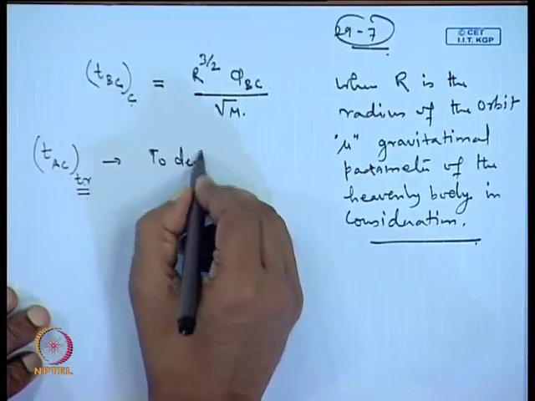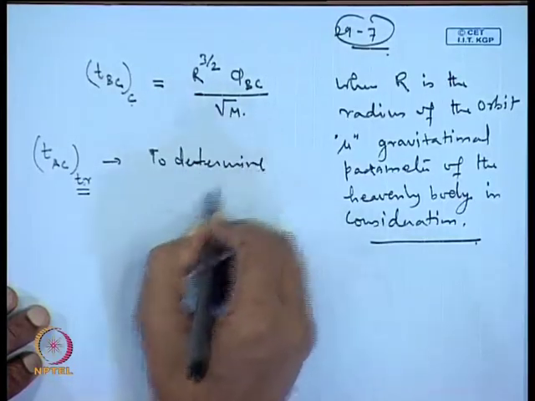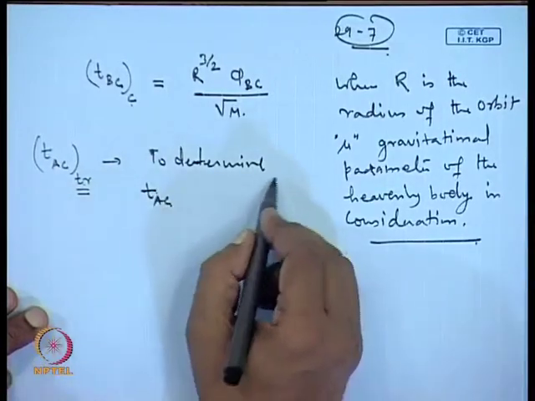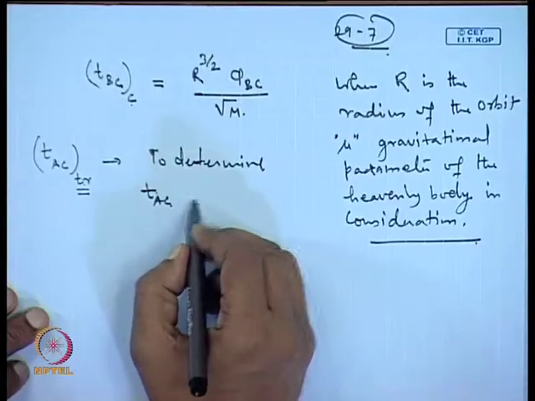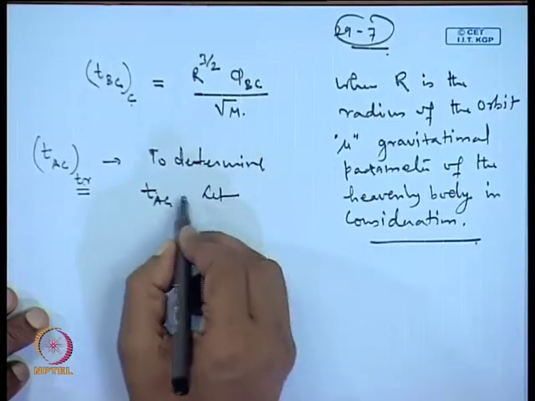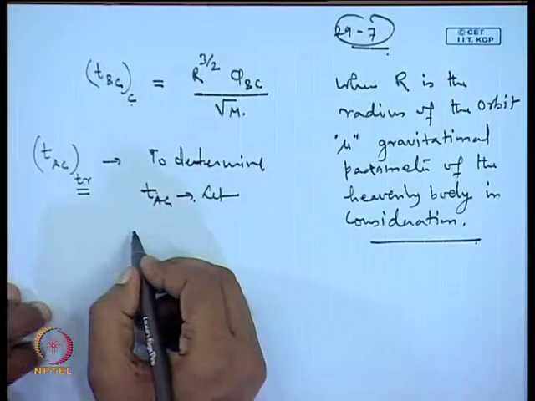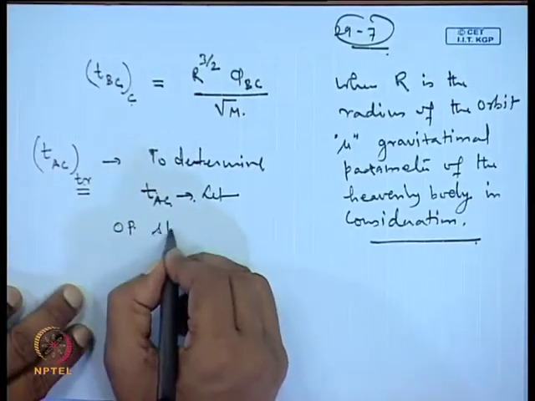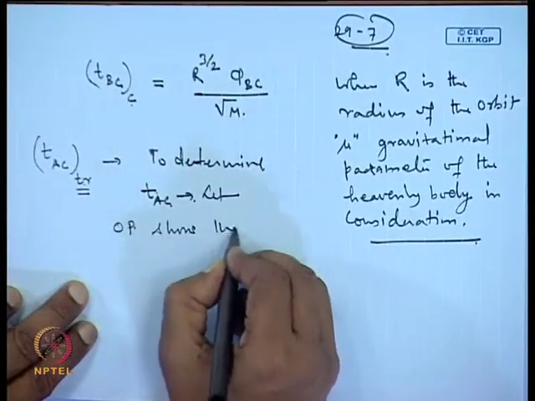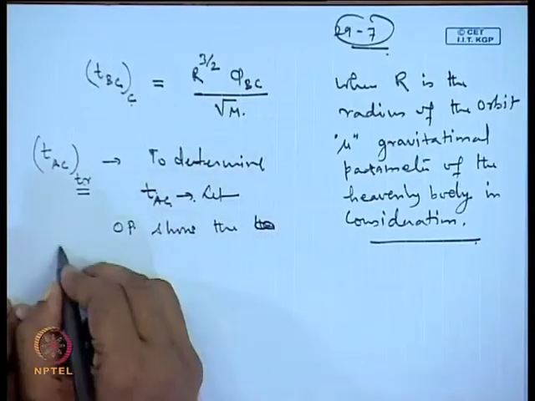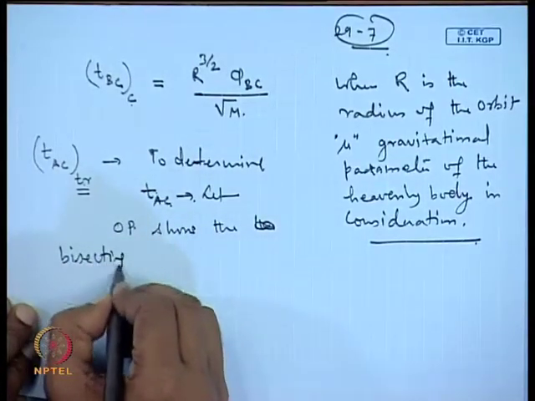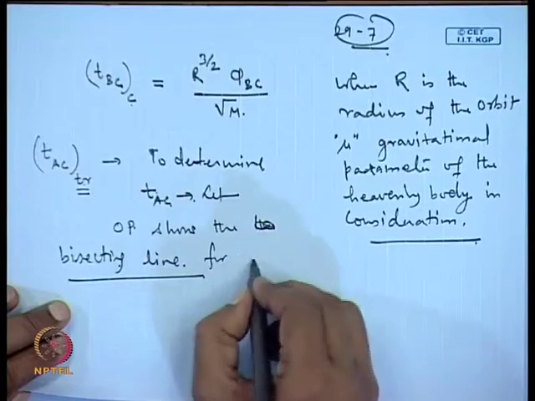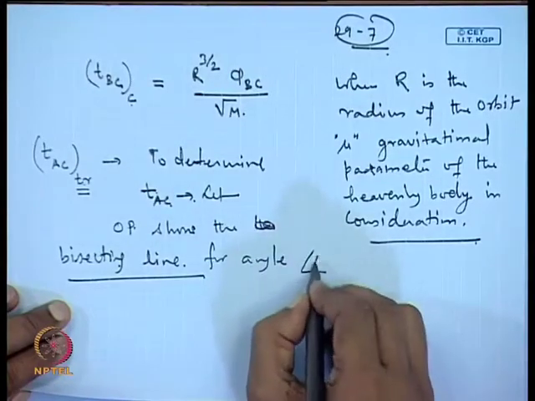So, to determine TAC, let OP show the bisecting line for angle AOC.